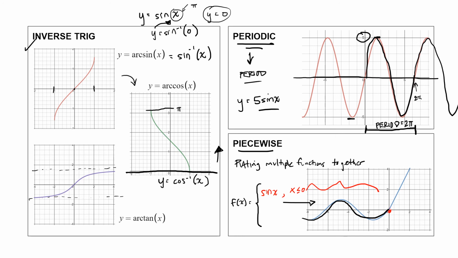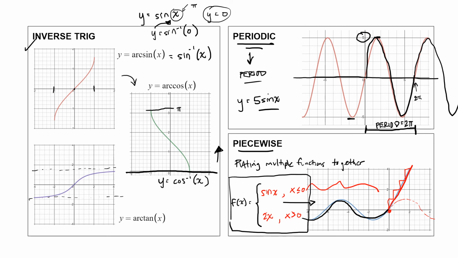If it were still sine, it would just continue and do something like this. However, we see this straight line that goes up, and it looks like it has a slope of 2. It's up 2 over 1, up 2 over 1, right? So it's actually 2x once x is greater than 0. So this right here is a full definition of this piecewise function.